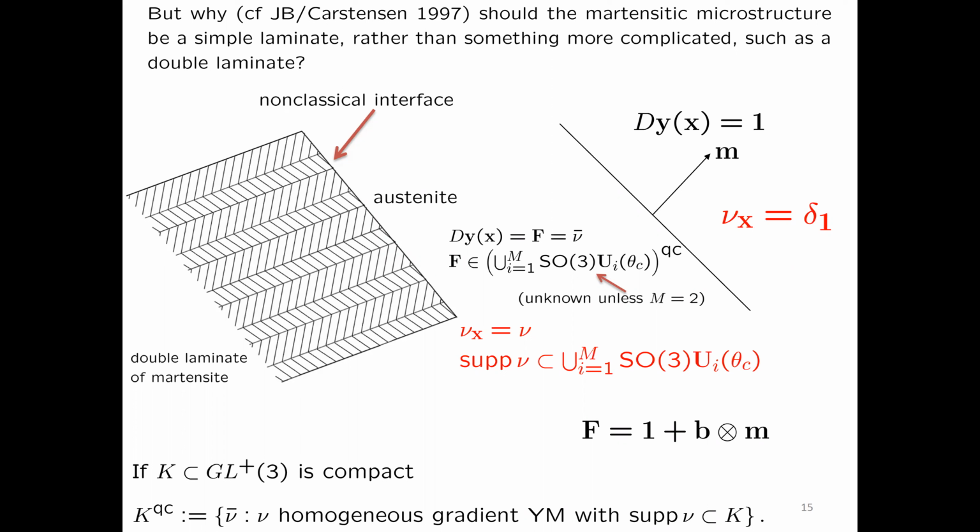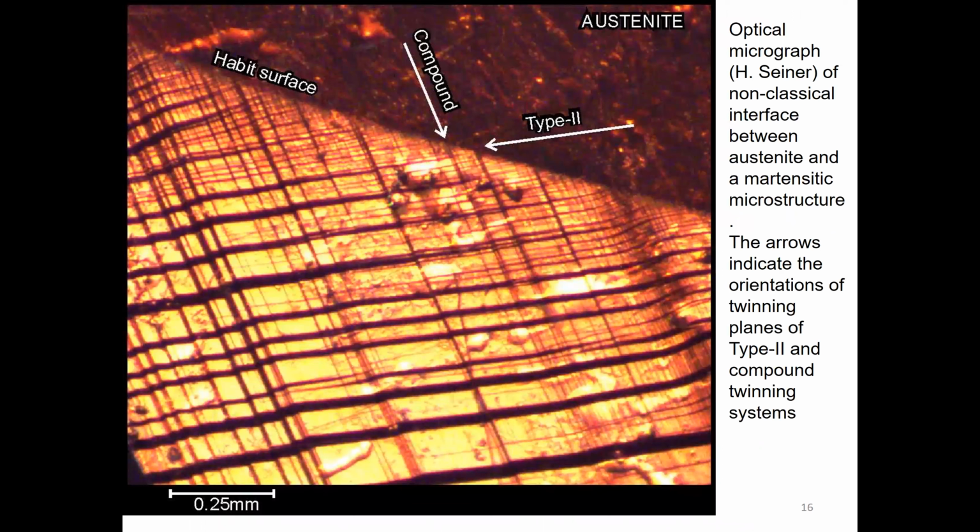and it's an interesting connection between fundamental problems of the calculus of variations and these experiments. Well, for a long time we didn't know whether such non-classical interfaces existed, but I was part of a European network, and there was this very brilliant Czech experimentalist, Hans Scheiner, and he devised an amazing way to produce them.